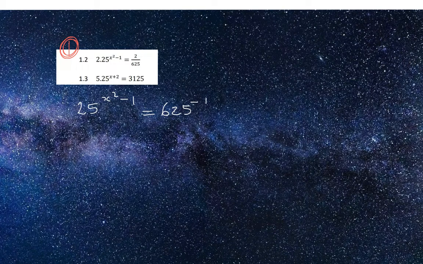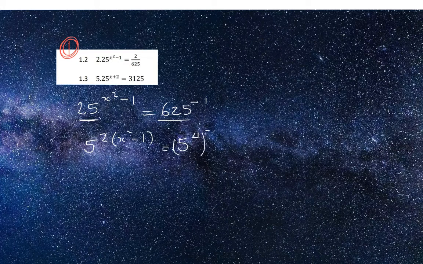As you know, you're bringing the positive value up, and now we need to get to the same base. Obviously, between 25 and 625, the common base is 5, so we've got 5 to the power of 2x squared minus 1 is equal to 5 to the 4 times minus 1.